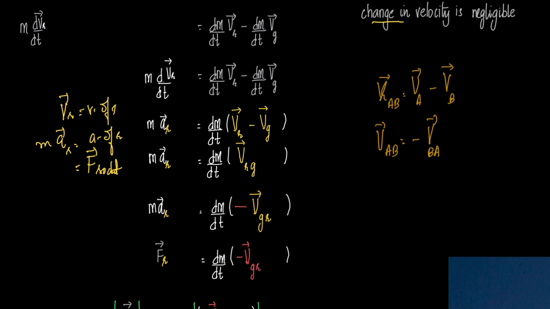And since this is due to the action of the gases burned, we don't call it F of R, we actually use the notation F thrust. So F thrust is dm by dt into minus VGR, and all of this is in vector notation.